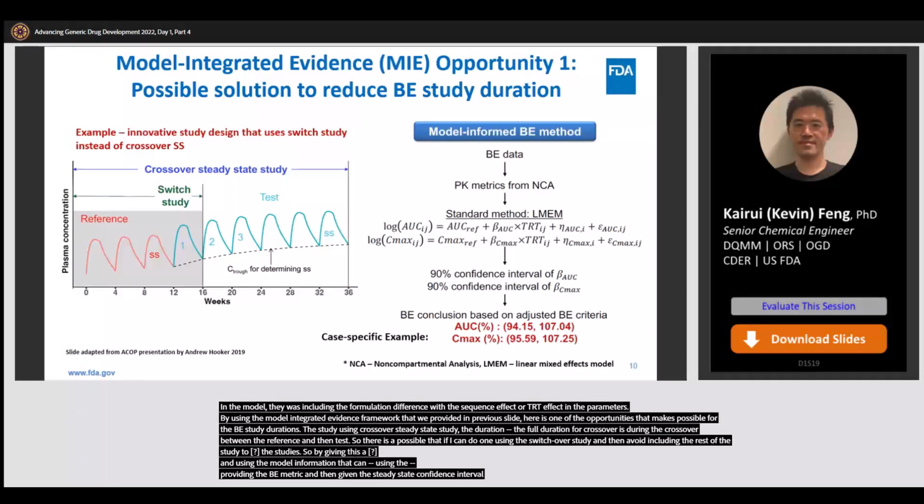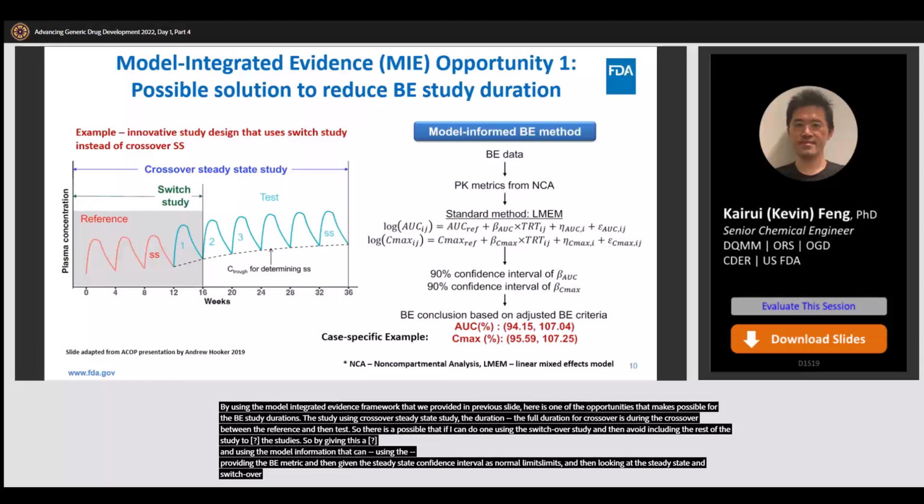Then looking at the switchover steady-state and the switchover study, we can revise the confidence interval and provide adjusted BE criteria for AUC and Cmax, a little bit narrower than the 80 to 125%, that will provide opportunity to use shorter BE studies.